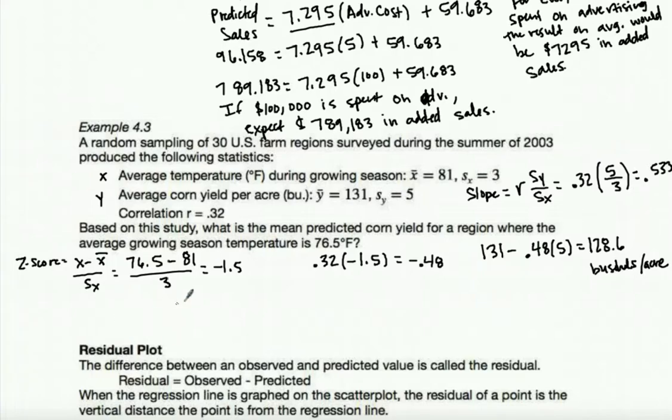To find your y-intercept, remember that your equation is y equals ax plus b, where our a is our slope. So we're looking at 131, that's our y, equals 0.533 times our x value, which is 81, plus some value for b, which is going to be our y-intercept.